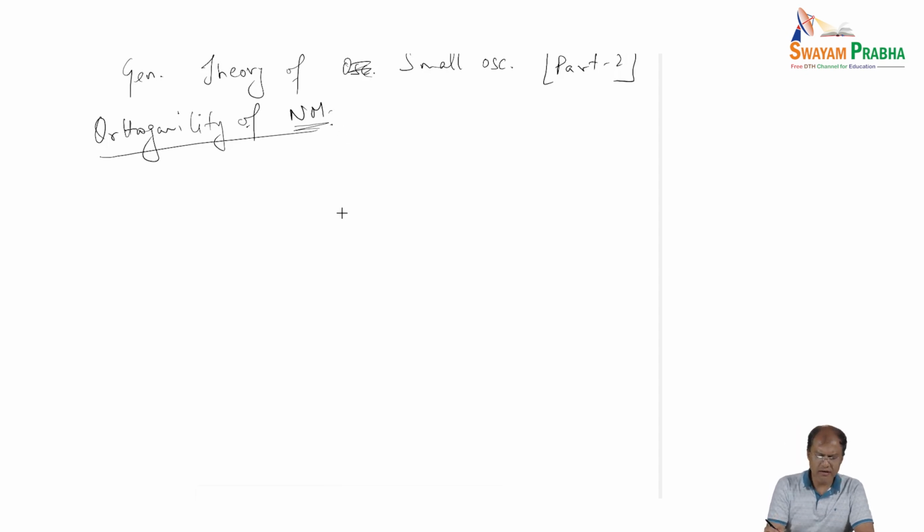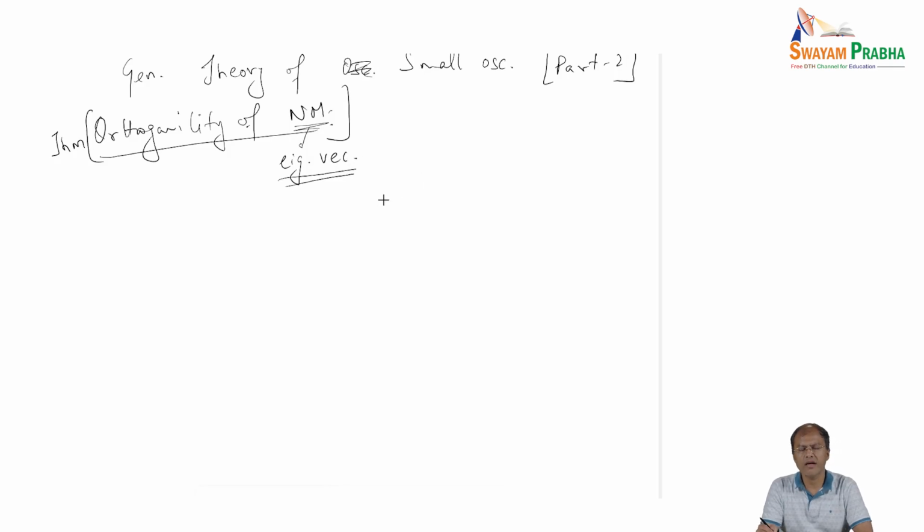So that is the standard result in linear algebra, which says the result is in the form of a theorem. Theorem, orthogonality of normal modes or eigenvectors. We will state this result in the linear algebra format.